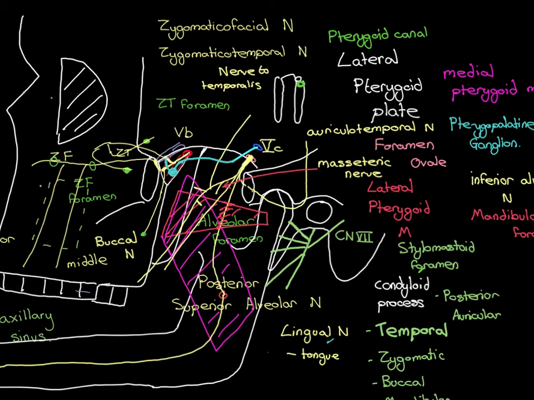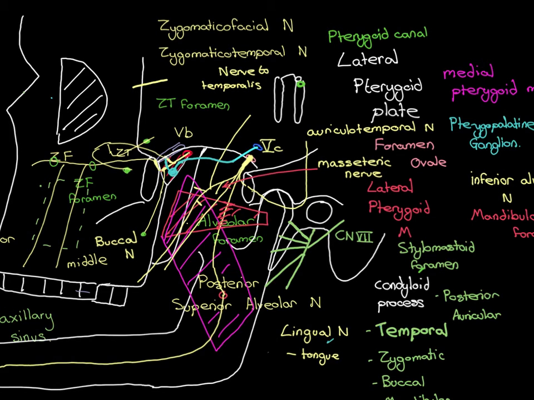Now, how are they going to get up to the lacrimal gland? Well, to get up to the lacrimal gland, they're now going to move from the zygomatic nerve to the lacrimal nerve. So let me try and add this in on this picture. The lacrimal nerve is a nerve we've seen previously. It is a branch of the ophthalmic nerve. So just adding in the ophthalmic nerve on this picture, sort of.